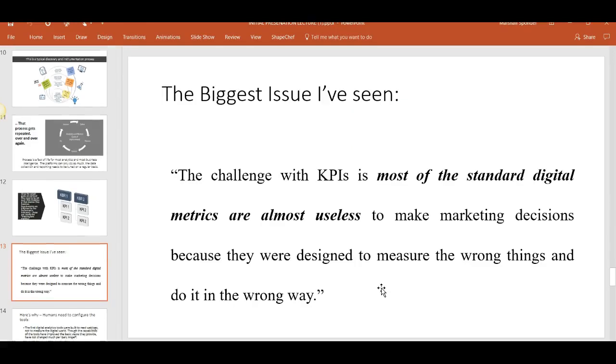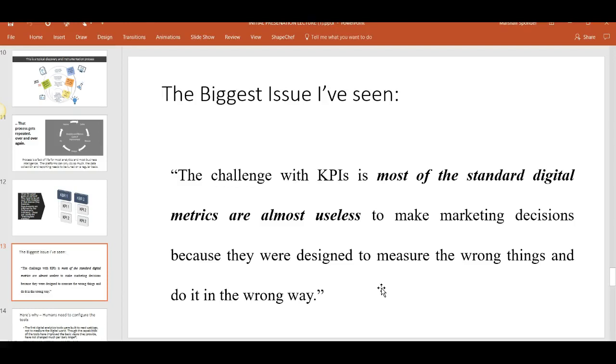Now, the biggest challenge to having this terminology of key performance indicators is that the ones that we pull out of a lot of these analytics tools are almost useless in the way they come out of the tools. In other words, to really make them useful, you have to customize them.